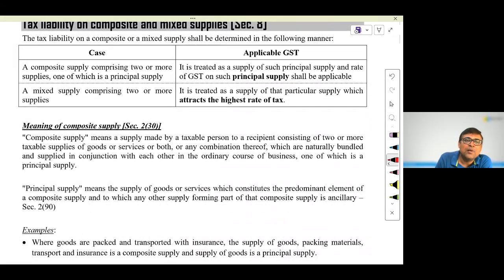A composite supply comprises 2 or more supplies, one of which is a principal supply. Where the bundle is treated as a composite supply, then the rate applicable on the principal item would be applicable for the entire value.